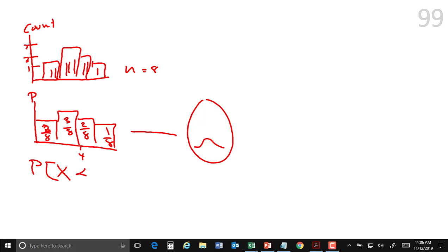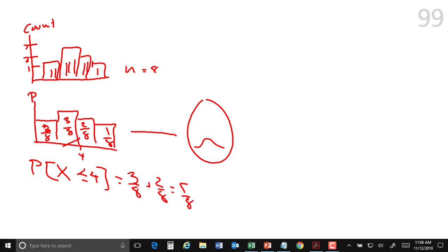So if I want to estimate the probability of X being less than or equal to 4, from our histogram, what would it be? It's 3/8 plus 2/8, right? 5/8.